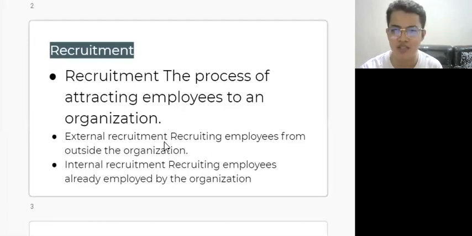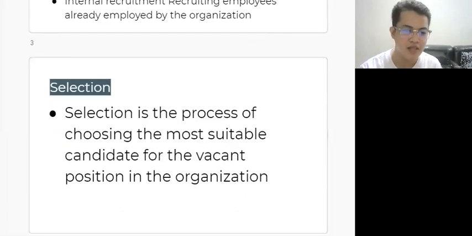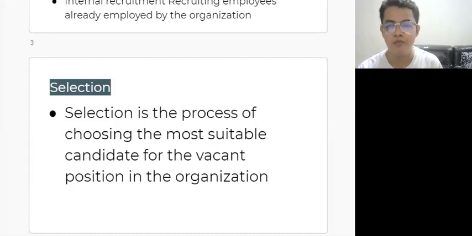Okay, let's talk about selection. Now, selection is the process of identifying an individual with the necessary qualifications and abilities from a pool of candidates or job applicants to fill open positions in a company.